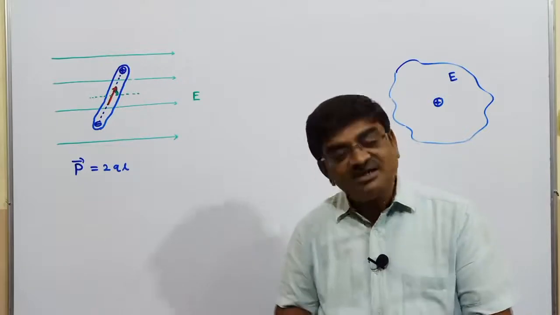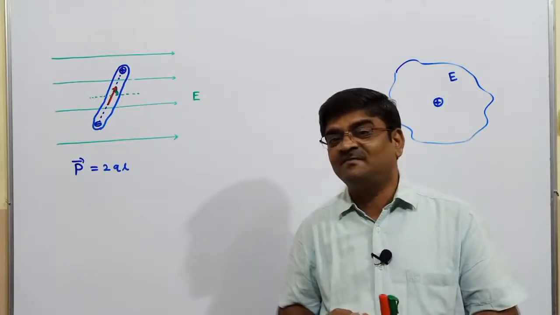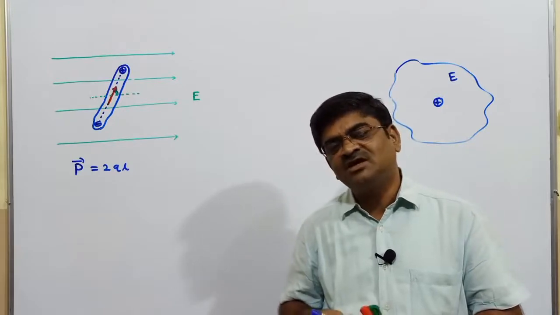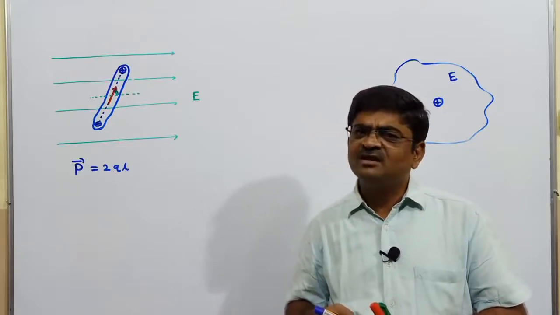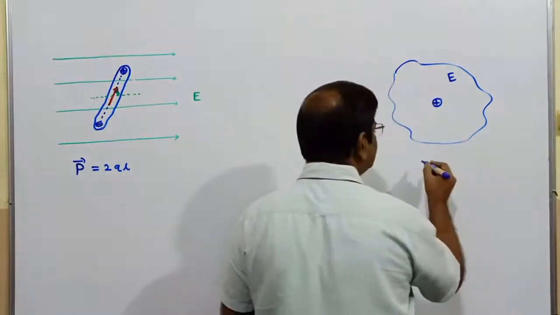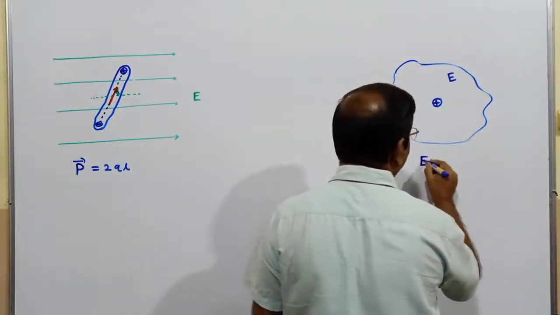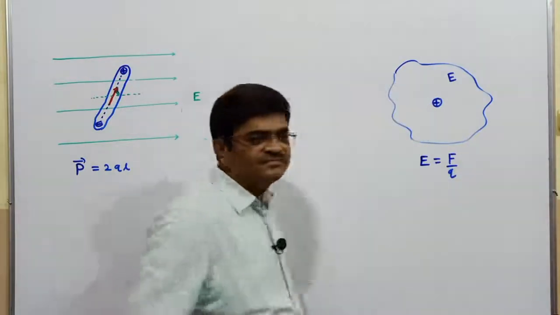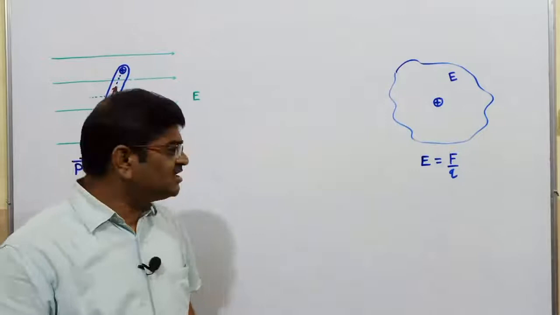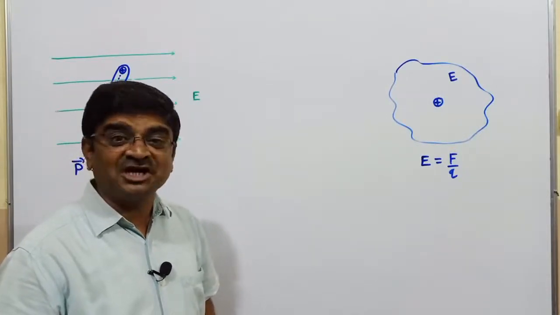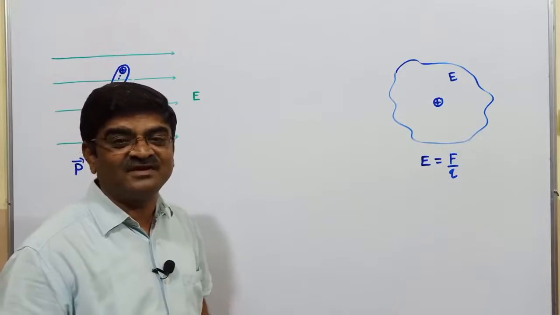And to calculate that force on a charge in an electric field, I will take the assistance of the equation which I had written while writing the definition of intensity. Electric intensity at any point, if you remember, you have written E equal to F divided by Q. That's the equation which will guide me to write the force on a charged particle in the electric field.